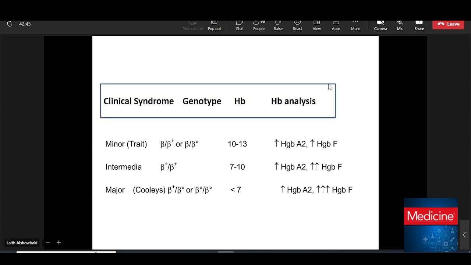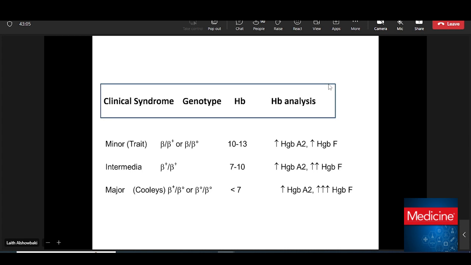Most patients who have thalassemia major are transfusion dependent with hemoglobin concentration below 7. That depends on how many genes are affected and what kind of globin chain is affected.